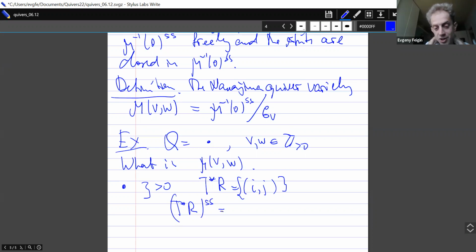What are the semi-stable points of the cotangent bundle to the framed representation space, assuming the stability condition is positive? Let me repeat that the stability condition, in this case, is just a single real number.